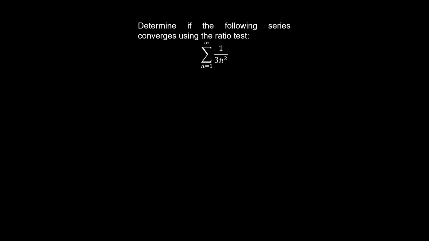Let's determine if this series converges by the ratio test. So you may recognize that this is a harmonic p series with p greater than 1, so we know that it's going to converge. But let's see if the ratio test can come to the same conclusion. So we take the limit of the ratio of the next term in the series to the current term in the series. And doing a bit of algebra, we obtain the following limit.